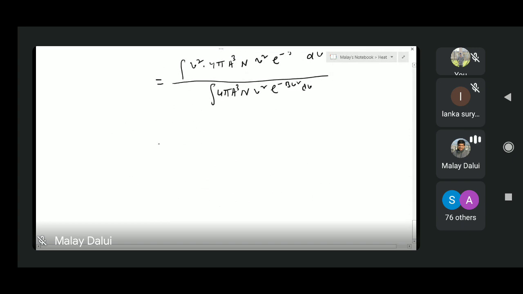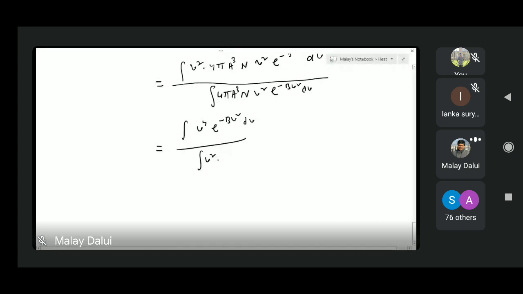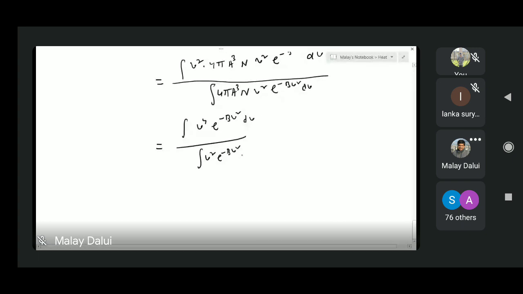So all the constants go away. We have v to the power 4 in the numerator, and in the denominator we have v square, and v goes from 0 to infinity. This is polar coordinates, because 0 is the origin. That's why it's 0 to infinity. Otherwise, if we had x, y, z, it would have been minus infinity to plus infinity.